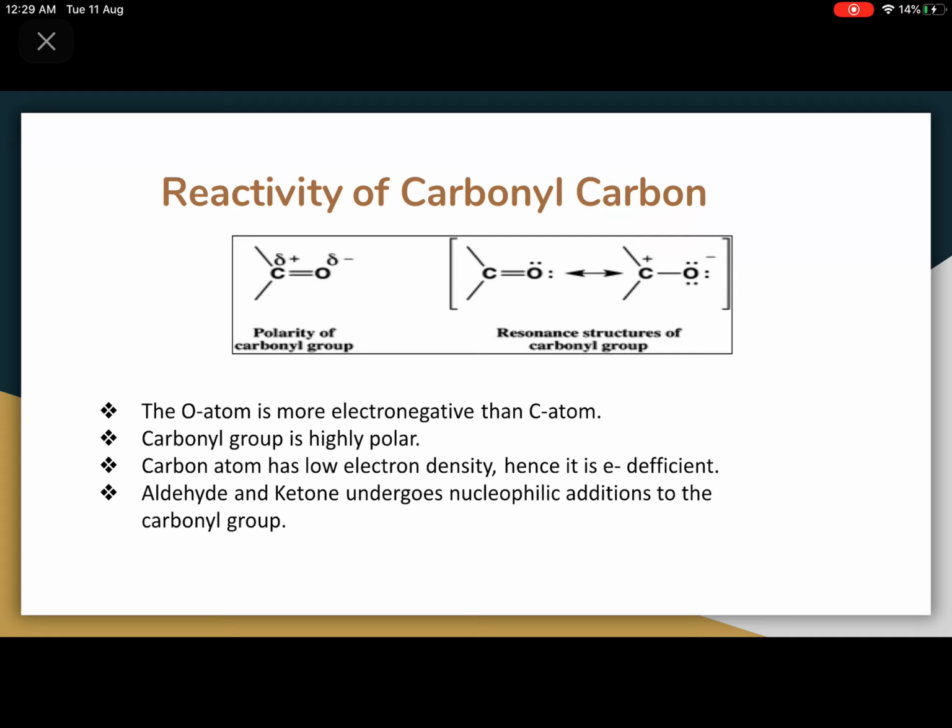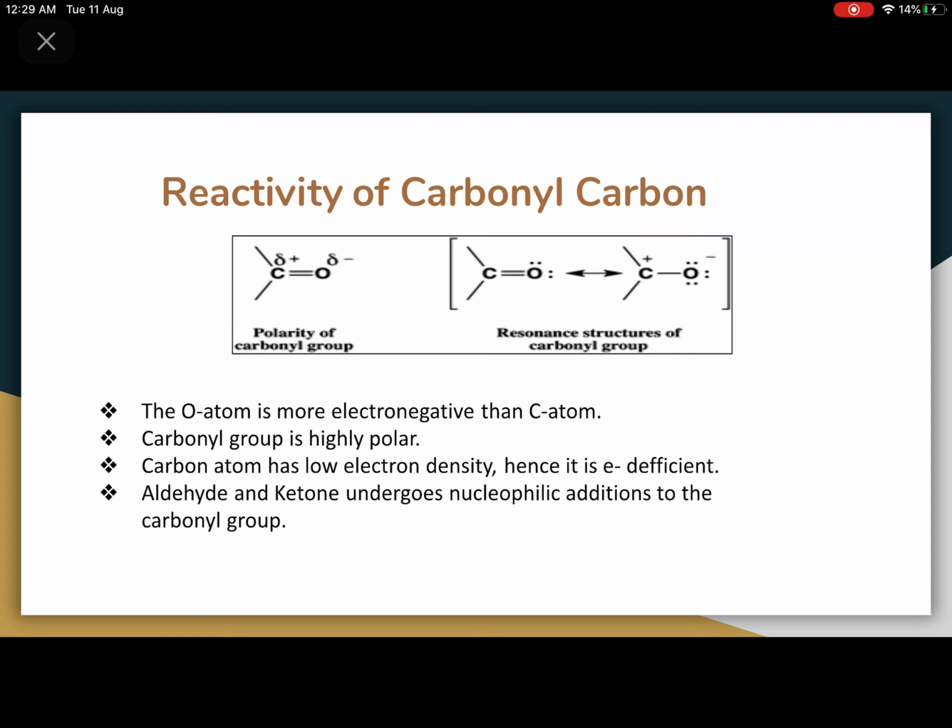Now, nucleophiles mean what? The compounds which can attack the carbonyl group. The carbonyl group is what?